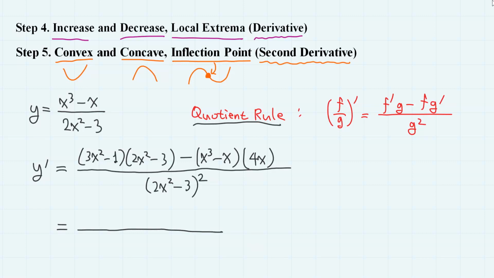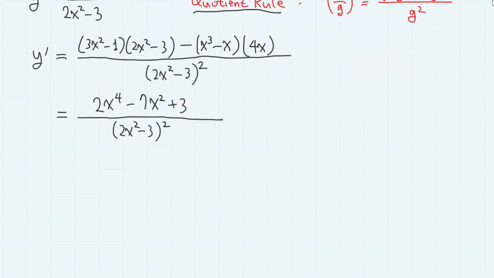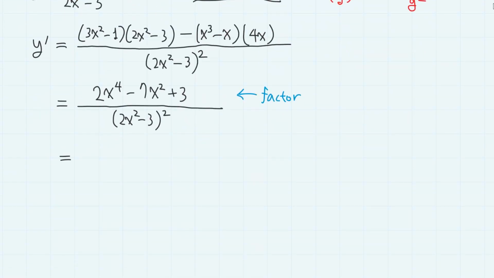And if you expand and simplify the numerator, you will obtain 2x to the power of 4 minus 7x squared plus 3, so this divided by (2x squared minus 3) squared. And the numerator is factorable, which gives (2x squared minus 1) times (x squared minus 3).